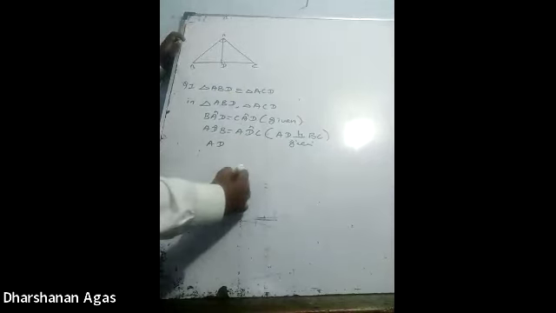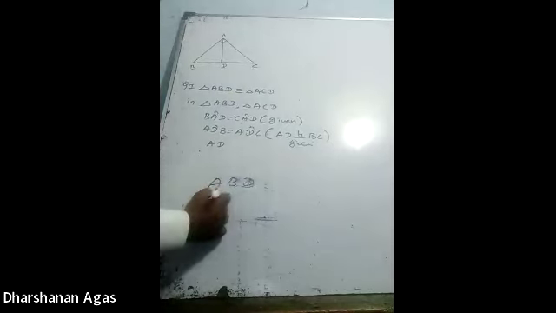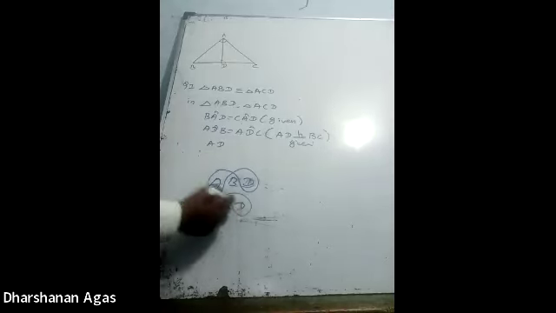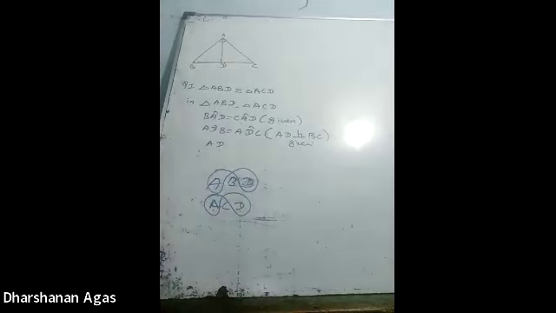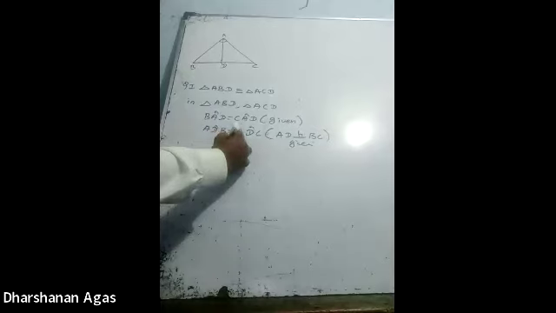When you are writing the triangle, ABD triangle. The other one is ACD. From both triangles you can find AD. So AD is the common side, the third element.